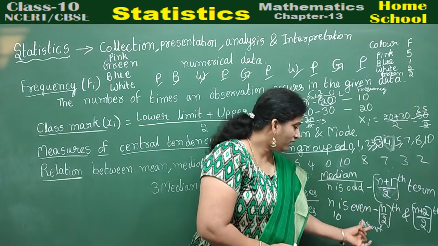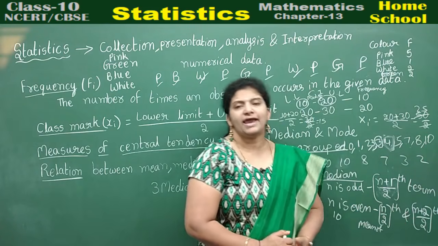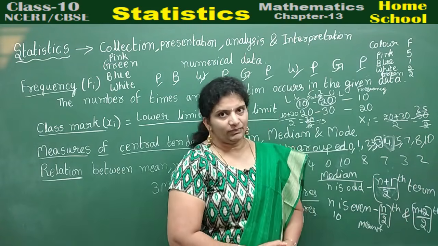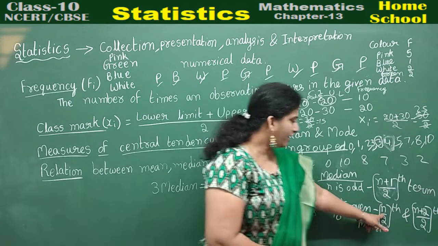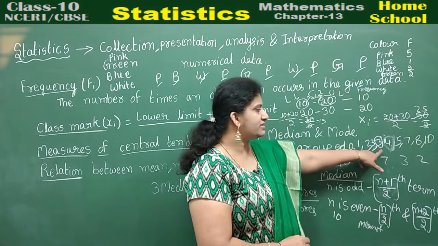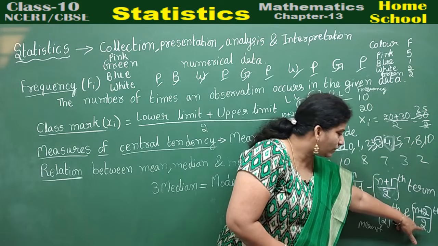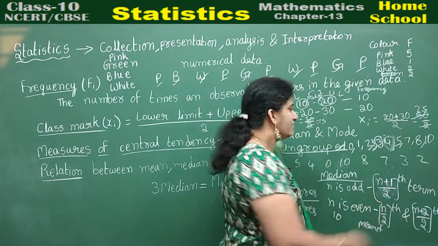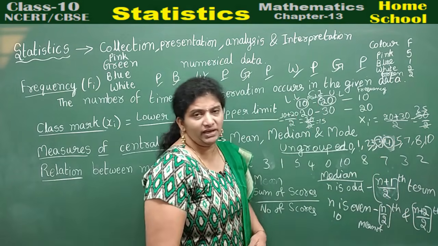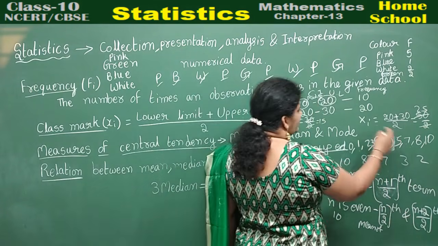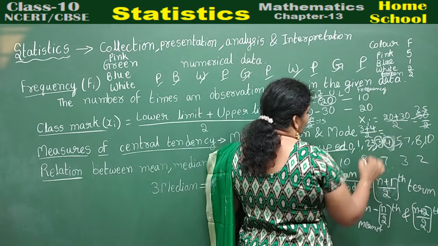So now, if n is even, what do we need to do? We need to find the mean of the n by 2th term and the (n plus 2) by 2th term. N by 2: n value is 10, 10 by 2 is 5. The 5th term is 3. And here, 10 plus 2, 12. 12 by 2 will be 6. The 6th term. The 5th term and 6th term mean means 3 plus 4 by 2.